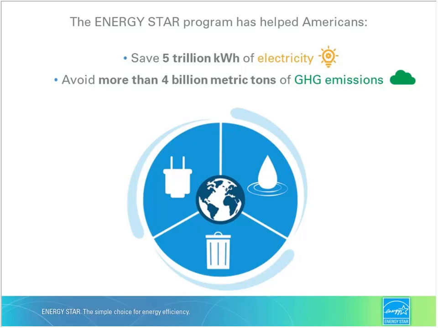Since the inception of Energy Star, this program has helped to reduce U.S. greenhouse gas emissions by more than 4 billion metric tons, and a huge part of that is related to the more than 5 trillion kilowatt hours of electricity that have been saved through participation in the Energy Star program.